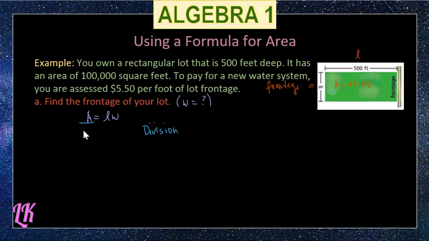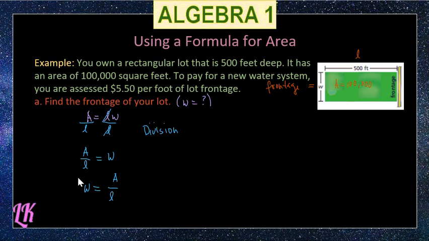So we divide both sides of the equation by L, and the resulting equation should be A over L is equal to W, because L divided by L is 1 times W is equal to W. So the formula, therefore, in solving for the frontage is the width equals the area over the length.